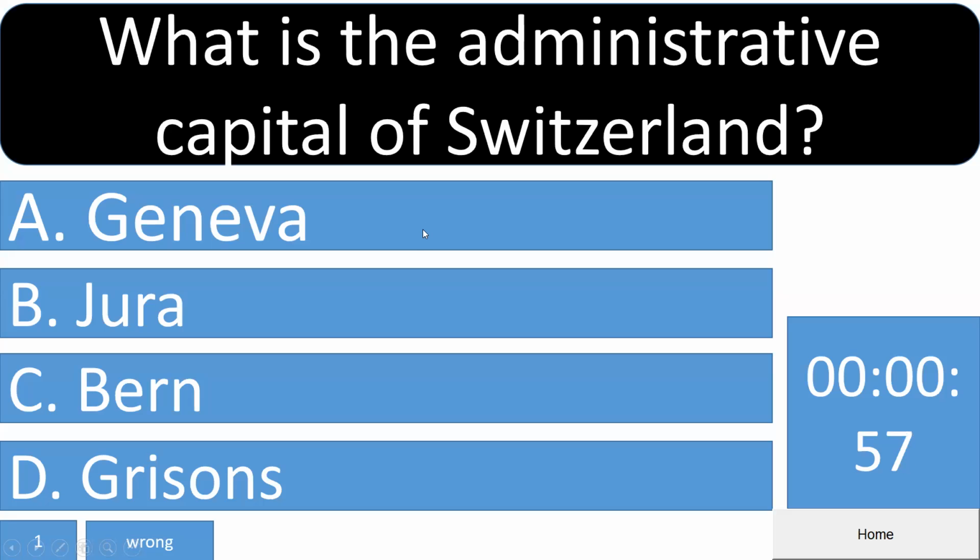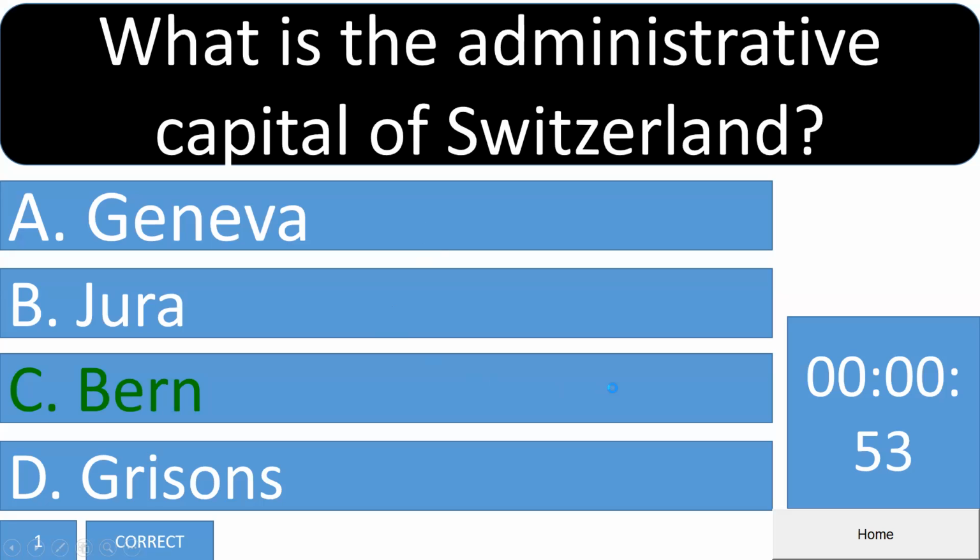What is the administrative capital of Switzerland? That should be Bern. Home. So once the contestant picks an answer, the font gets a green color. So here now the C there, Bern, is the correct answer, and that's why the font is green.